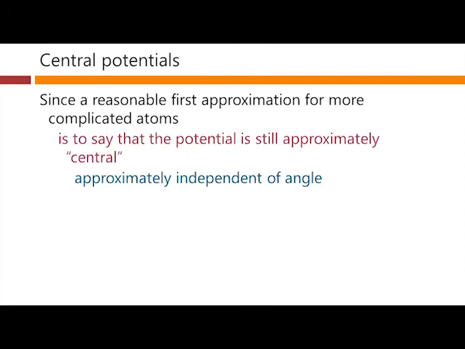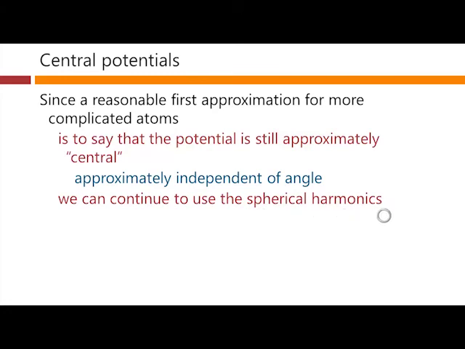So we're saying that our potential could still be approximately central, perhaps, approximately independent of angle, even in quite a complicated atom. And that would mean we would still be able to use the spherical harmonics.